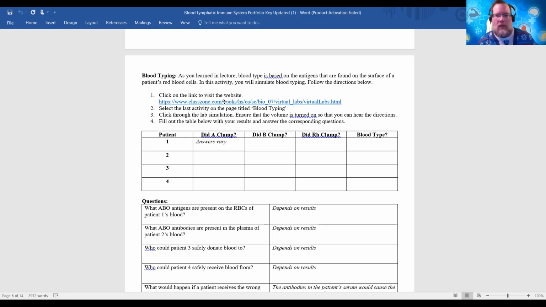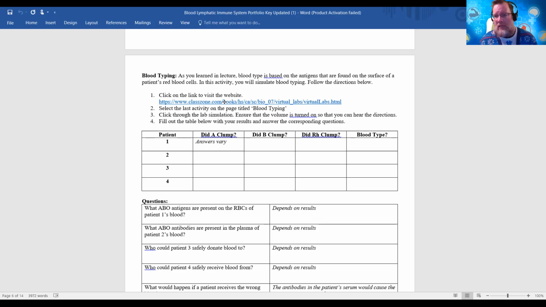When I put in an antibody that causes clumping, if it's an antibody against A, so an anti-A antibody, that would be contained in B blood. So if I put an anti-A antibody in a sample and it clumps, then we know it's not going to be B blood.